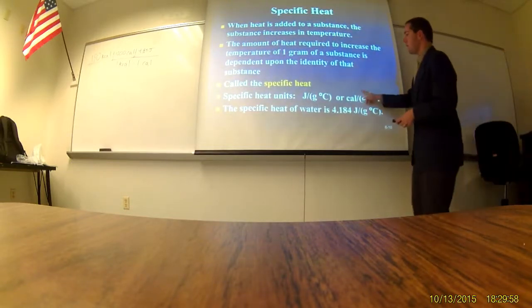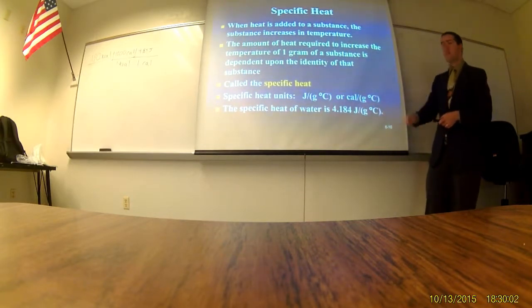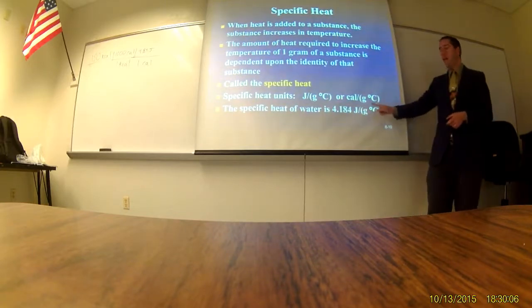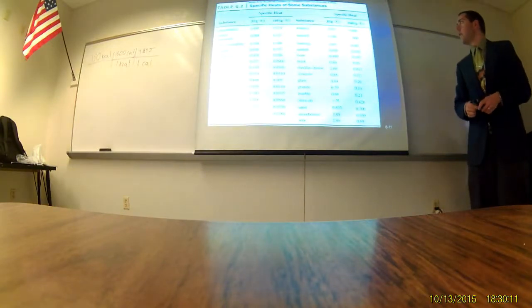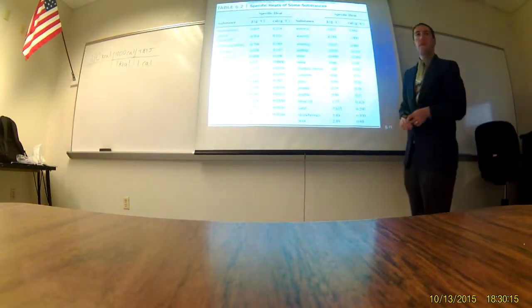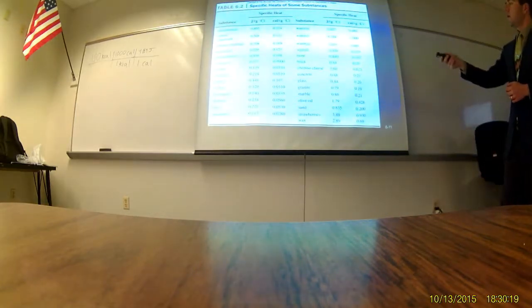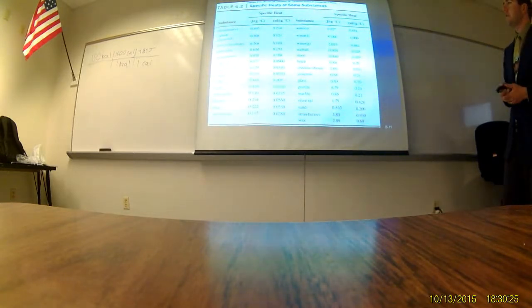So we said specific heat of water is 1 calorie per gram degree Celsius. It's also 4.184 joules per gram degree Celsius. Same thing. So this is what a specific heat table looks like. They really vary. If we look through, there's aluminum, that's a metal, that's a very high specific heat, right?